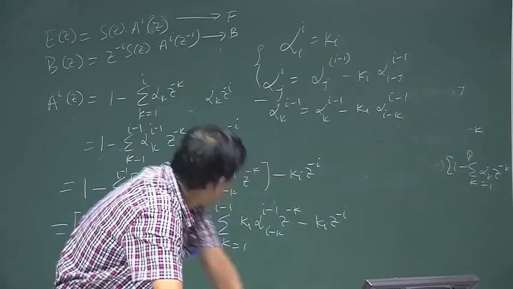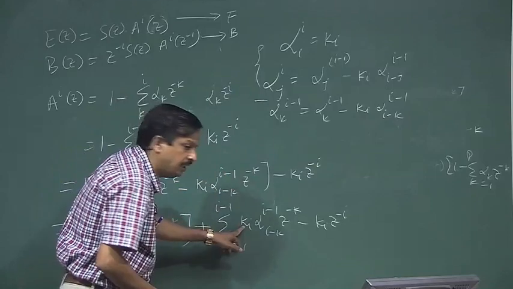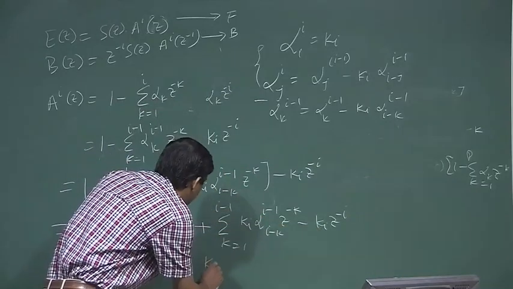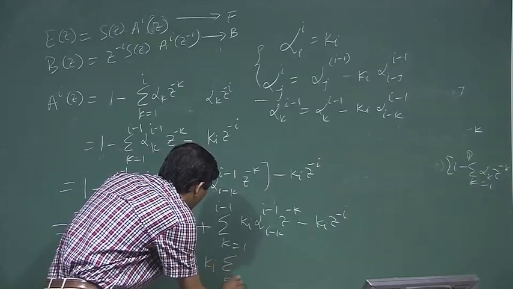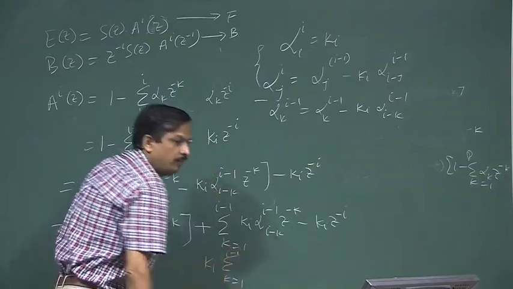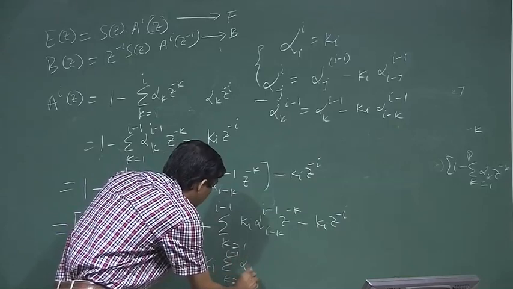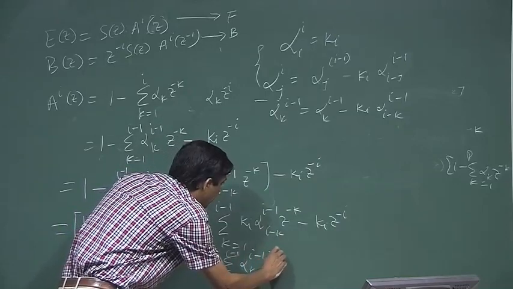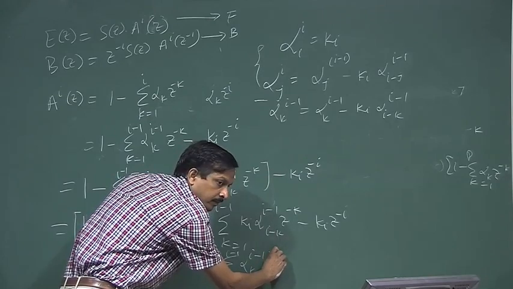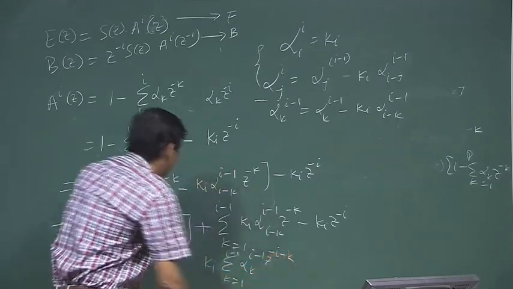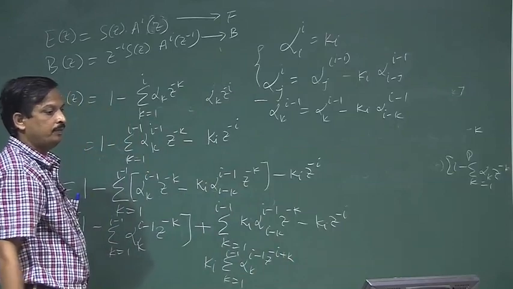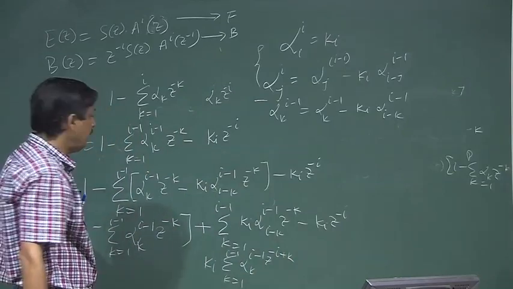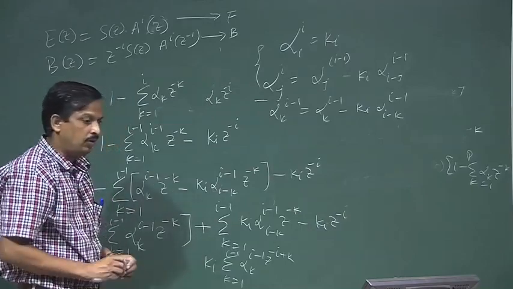So, in the second term, if I say k i and k i, so I can say k i is here, then I can say the sum over k equal to 1 to i minus 1 of alpha k i minus 1 z to the power minus i plus k. Okay.